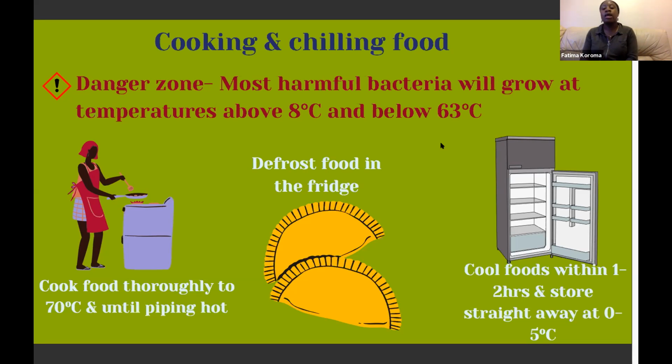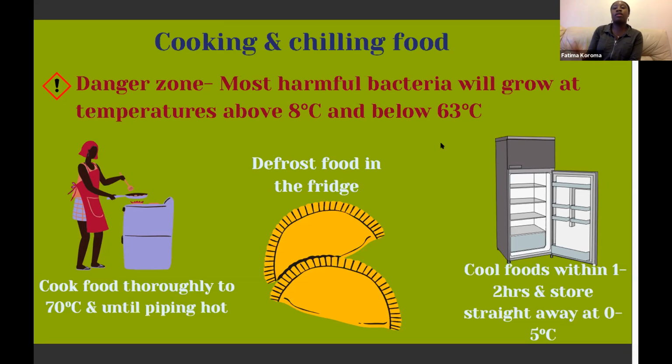One other thing that we may not understand well in the community is how we cool food before we put it in the fridge. The reason is that when food is cooked and does not reach 70 degrees Celsius, it doesn't kill all the bacteria.